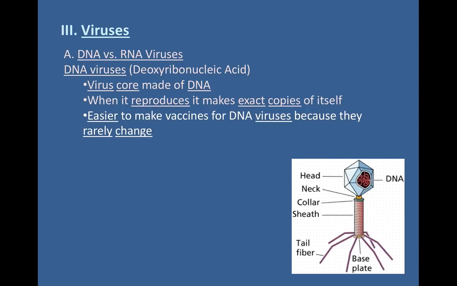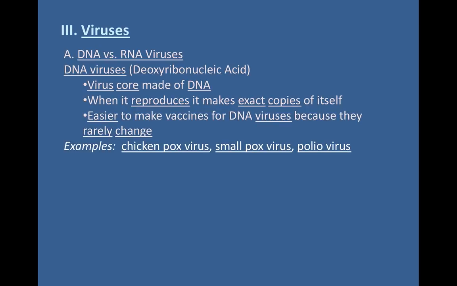So some examples of DNA viruses: the chickenpox virus, the smallpox virus, the polio virus. These are all DNA viruses. And for many of them, we have really good vaccines. We have vaccines that are super effective and continue to work year after year, decade after decade, and they help prevent us from getting these diseases.